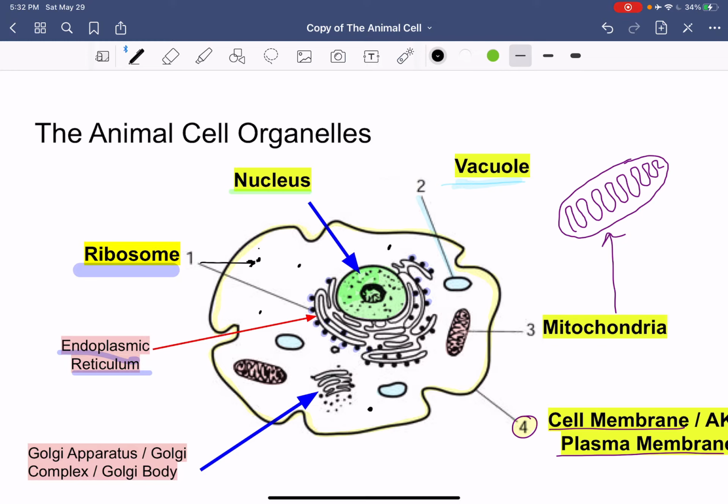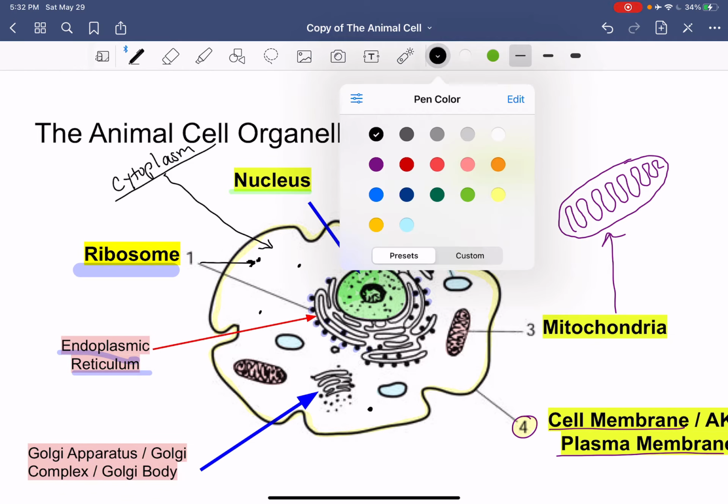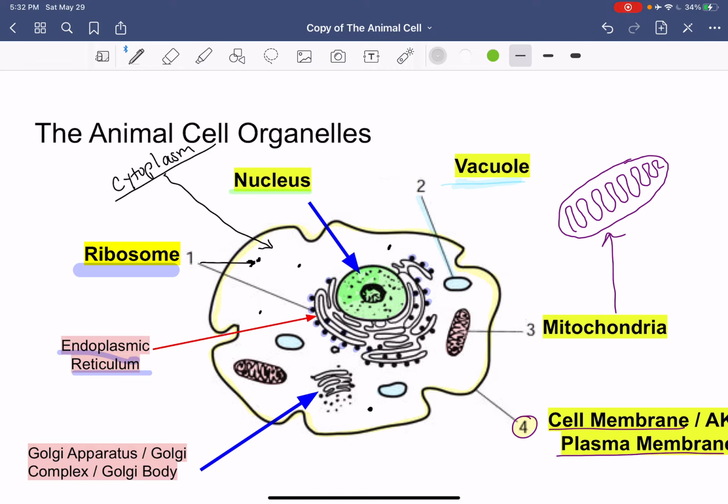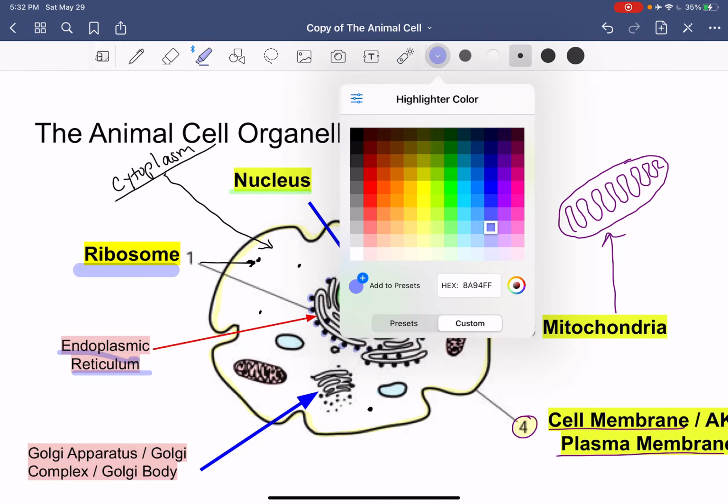I'm also going to point to the inside of that cell and label it the cytoplasm. Now, I don't talk about the cytoplasm too much, but the cytoplasm is the jelly-like substance. Let's do something really light. I'm going to do gray. Oh, that's why it's not changing.